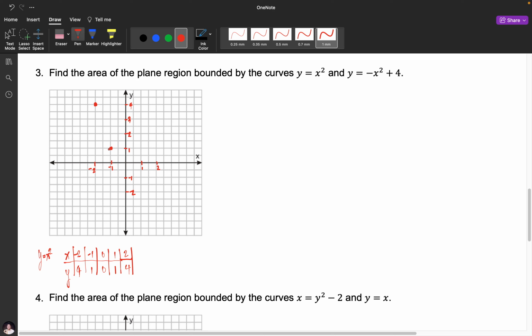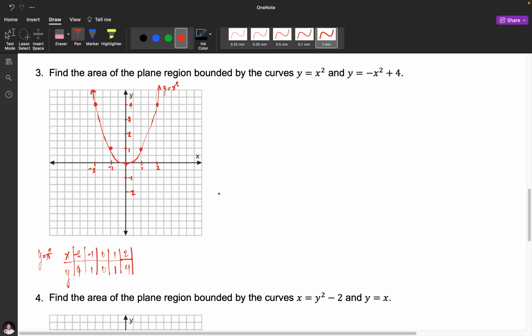Negative 1, 1 is here. 0, 0, 1, 1, and 2, 4. Okay. So from that, we now have this curve, our parabola. So that is y equal to x squared.